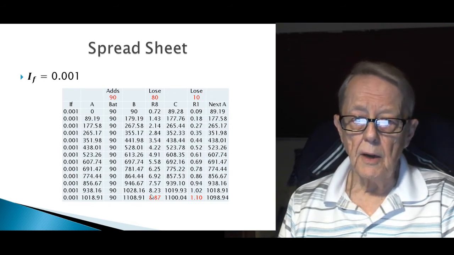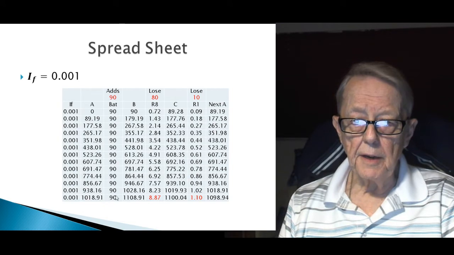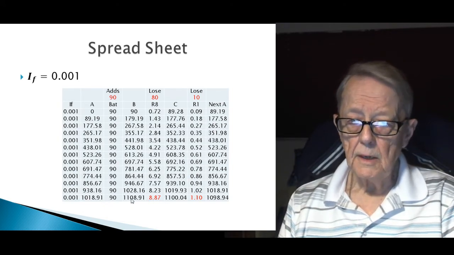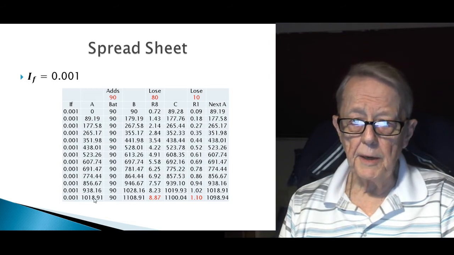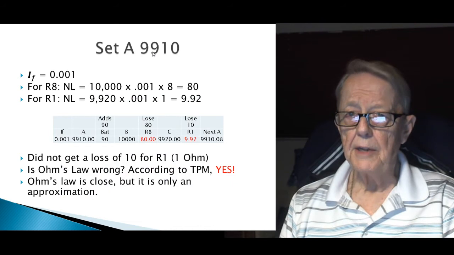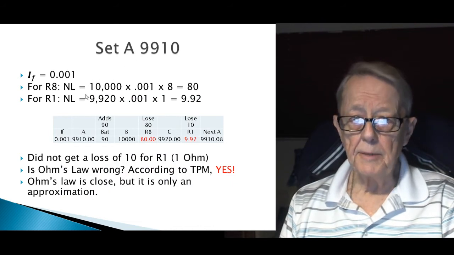And so I estimated that if I really wanted 80 at this point, I need 10,000 at this point, and I need 9,910 at point A.